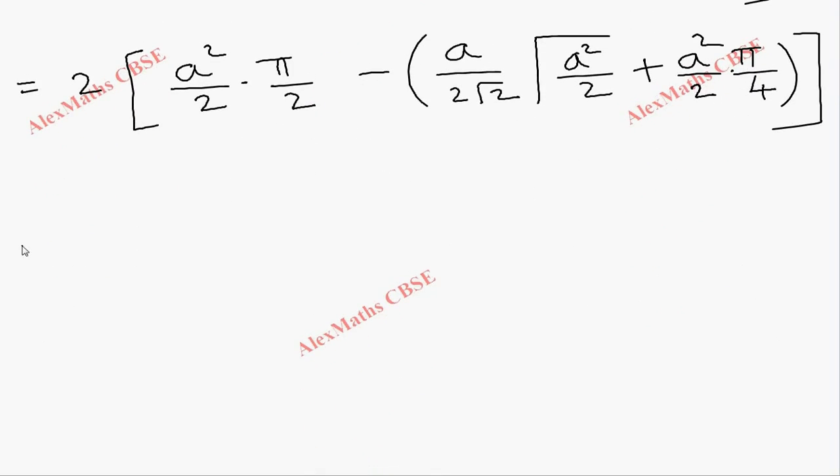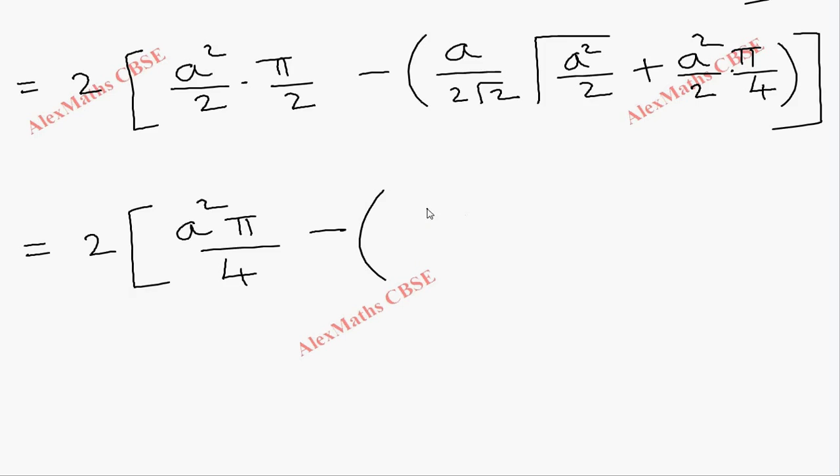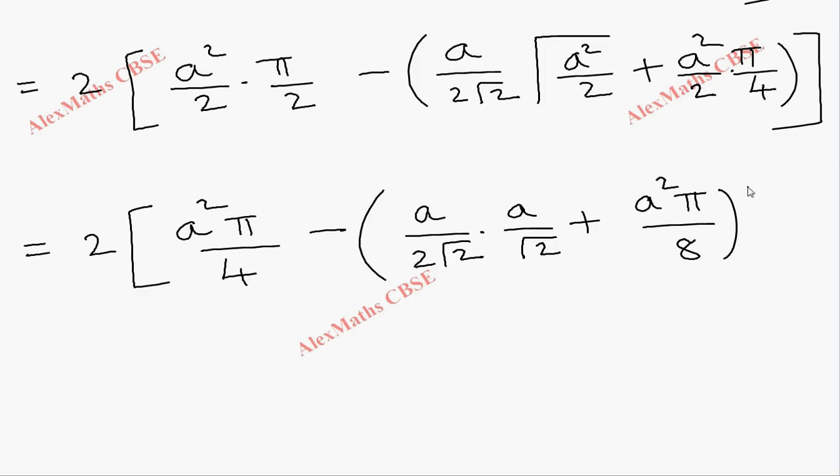Now this is 2 and a² π/4 minus, this is a/(2√2), and this will be a/√2 by taking the root separately to the numerator and denominator, and the last term is a²π/8. Bracket close.